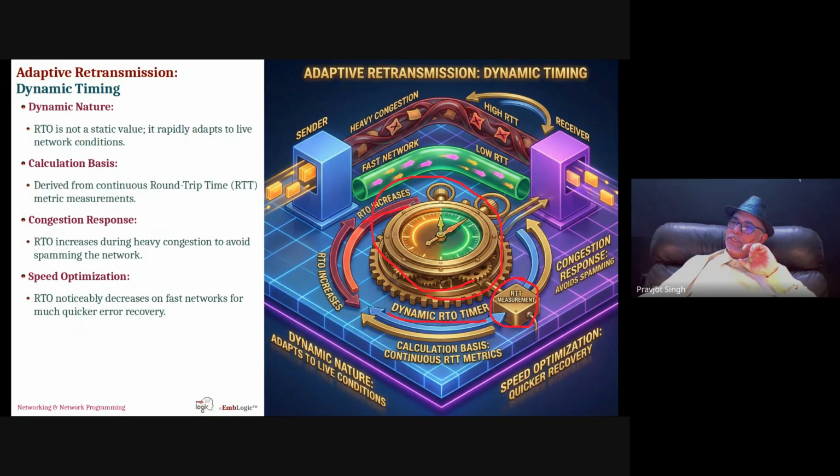It increases or decreases depending on network conditions. A congestion response algorithm has to be written, which works parallel to TCP. And this algorithm keeps on feeding TCP about the situation of the network, whether it is heavy or light. Accordingly, we'll set the RTT response time.